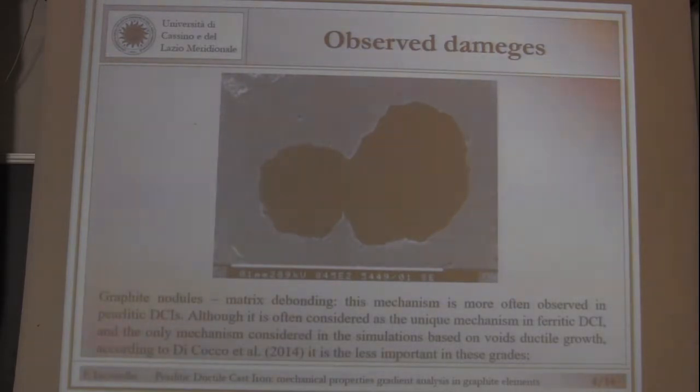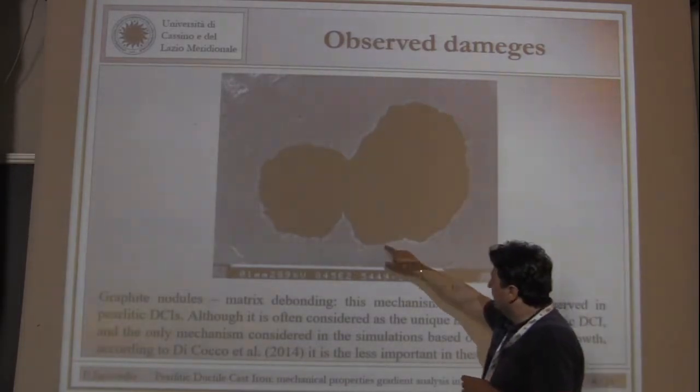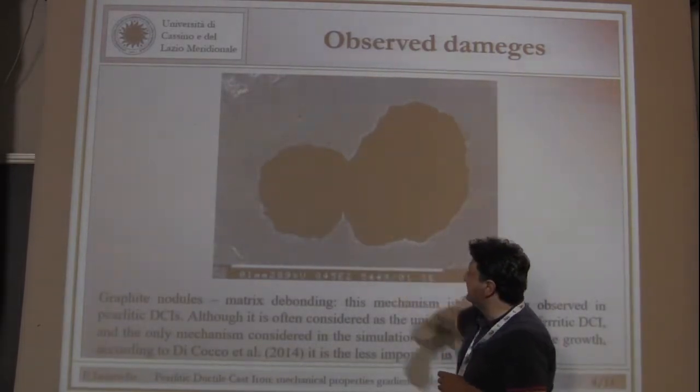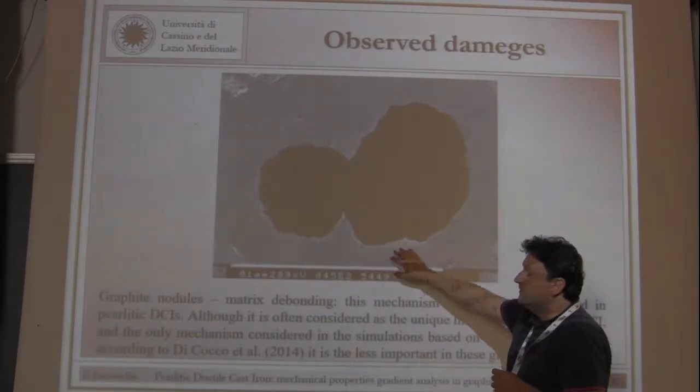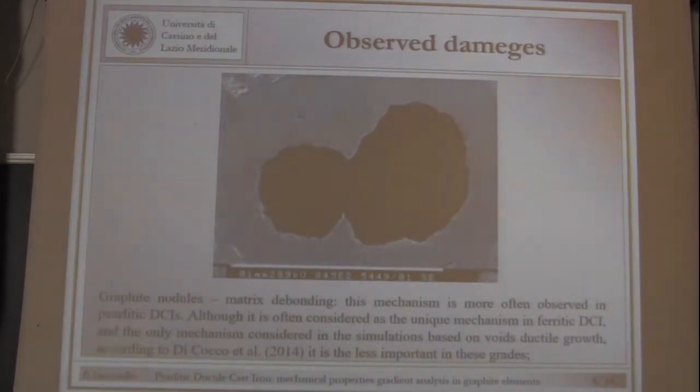It is named debonding. It consists in a separation of the boundary of graphite from the matrix. It means that there is no action of graphite on the matrix in this way.